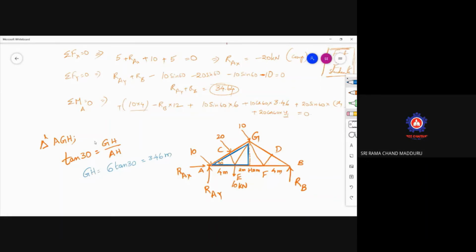You know this is a right angle triangle. This is 3.46 meters, and this value is 6 meters. AG is nothing but the square root of AH square plus GH square. Yes or no? That is, side square plus side square is nothing but hypotenuse square.